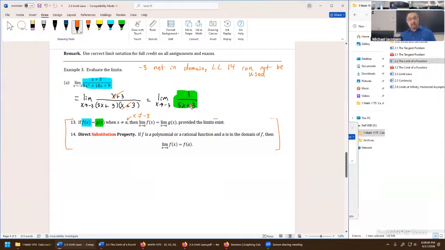The one on the right is defined at -3. But if they're always equal, except for that one point where the limit is heading towards, then the limit for the one of g exists and is equal to the one for f. These limits are in fact the same. So we can switch out this function by reducing it and not change the value of the limit. And now once we get here, the direct substitution property is in effect because this is now a rational function.